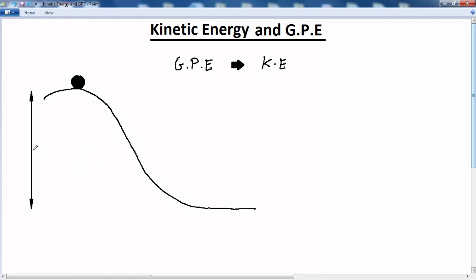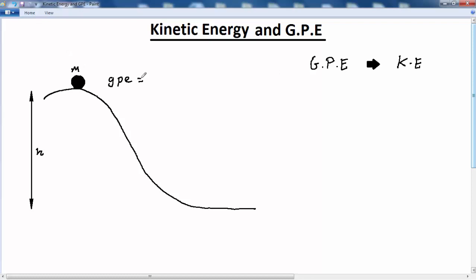So first of all we need to know that the rock is at a height h and it has a mass m, so we can say that its gravitational potential energy, PE, is equal to m times g times h.